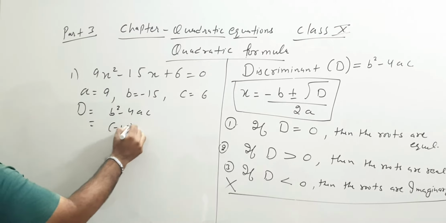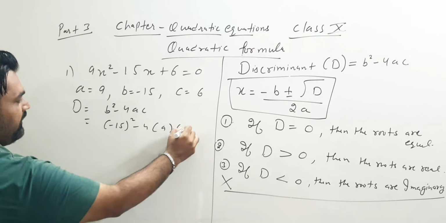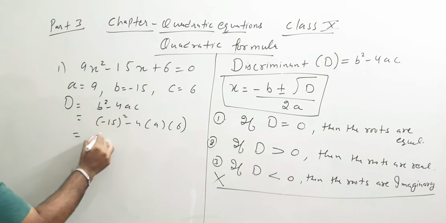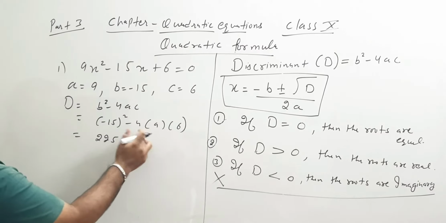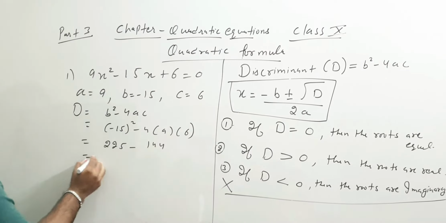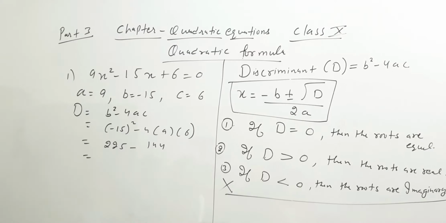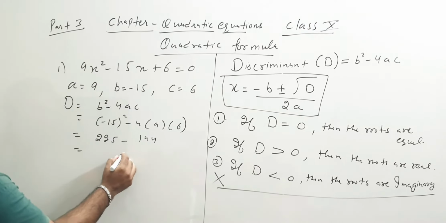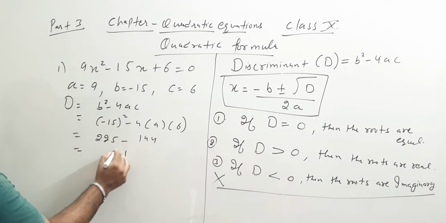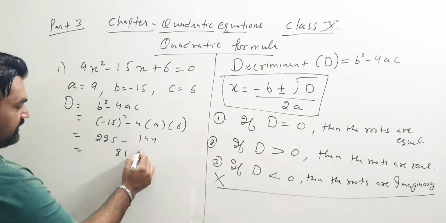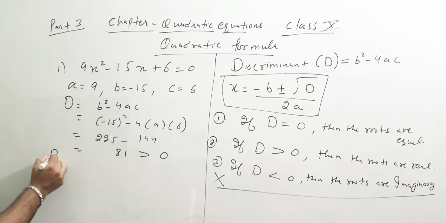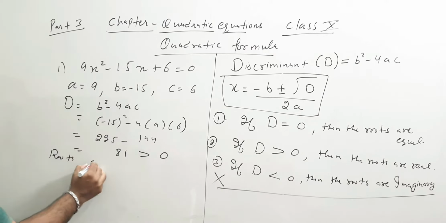B square is 225, minus 4 nines are 36, 36 into 6 is 216. Now 225 minus 144 is 81. So the value of d is 81, which is greater than 0. So we can write the roots are real.